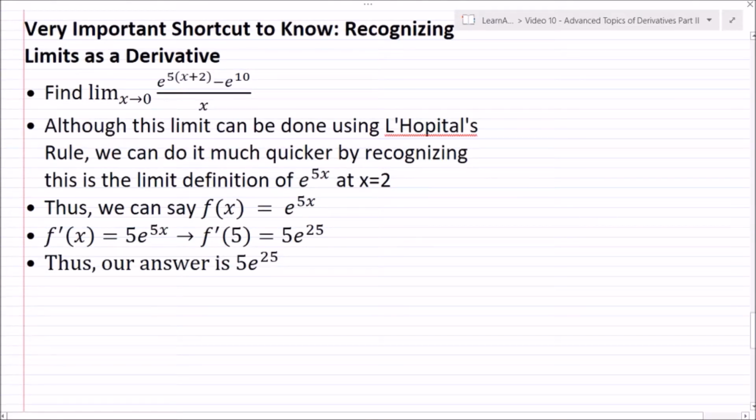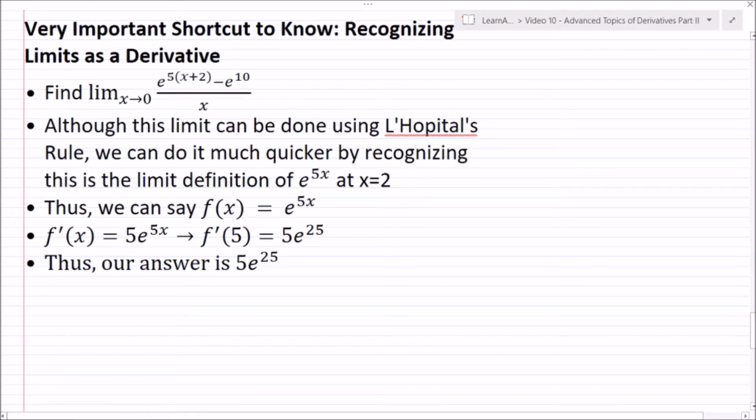Alright, so let's talk about an important shortcut you should know, and this is recognizing a limit as a derivative. So this top limit here, the limit as x goes to 0 of e to the 5 times x plus 2 minus e to the 10th all over x, is sort of a tricky one to do. But you can recognize this as the limit definition of the derivative.